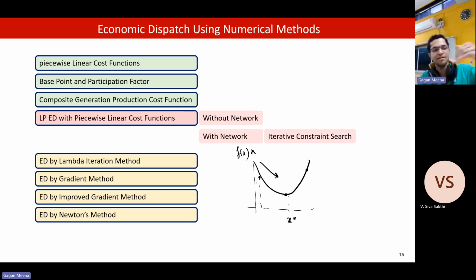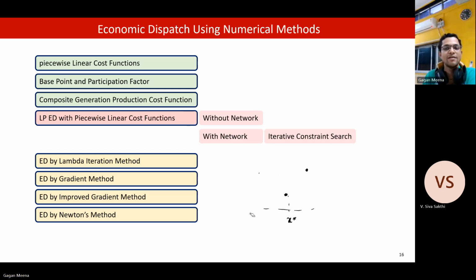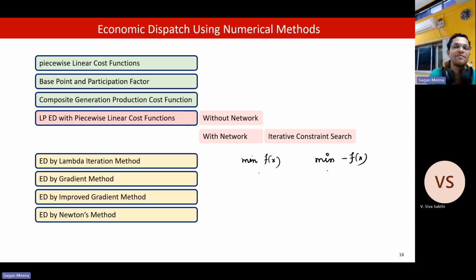That's why we are descending onto the curve, in the direction of steepest descent. If it is a maximization problem, then it will be steepest ascent, but the convention is to consider minimization. If we have a maximization problem, we can make it minimization of minus f(x). For us it's cost minimization, so it's a minimization problem only.